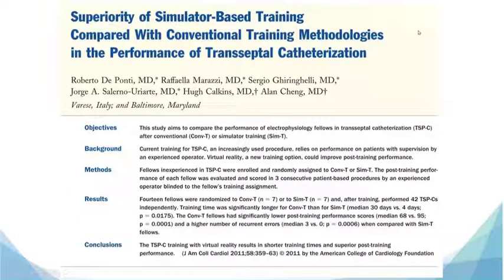Then training is important. First slide here is just to tell you that we were able, together with Hugh Calkins and Alan Cheng, to have the proof of concept that simulation training is better than conventional training to learn transseptal catheterization. In this study, we randomized fellows to conventional training and simulation training, and after training, they performed 3 consecutive procedures, and we scored those procedures in real patients for the first time.